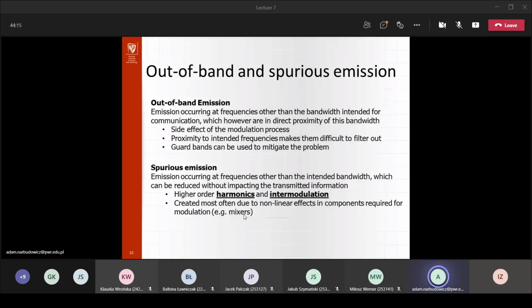Can somebody tell me why is that? Why you cannot realize perfect filtering with a rectangular filtering function? So we think about a 90-degree slope of filtering.